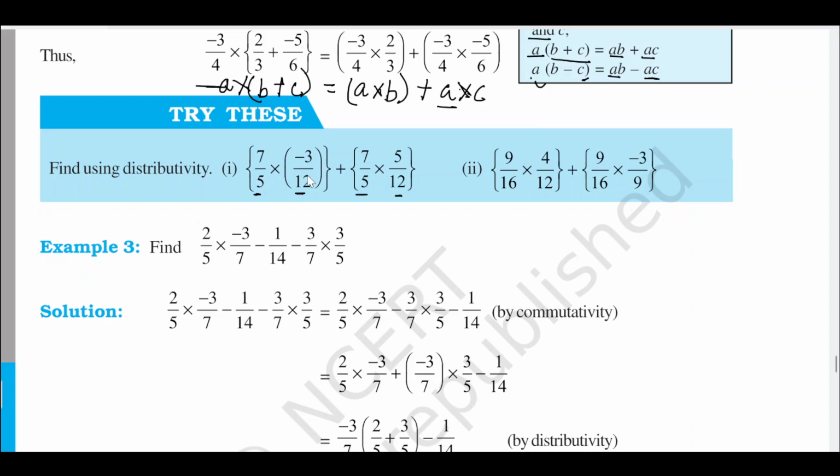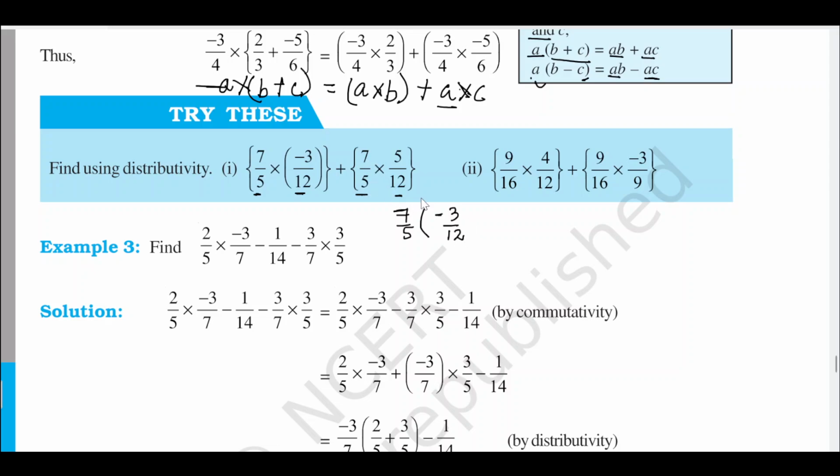If you can see, you have to go in reverse form. If you take out 7 by 5 outside, what will we get? We are just taking 7 by 5 outside. 7 by 5 into minus. We are going into reverse engineering.